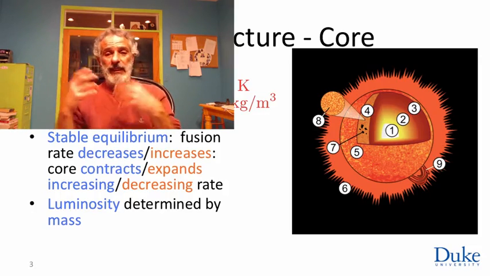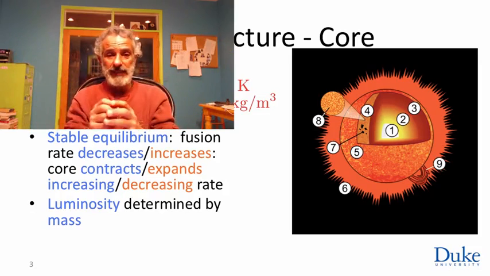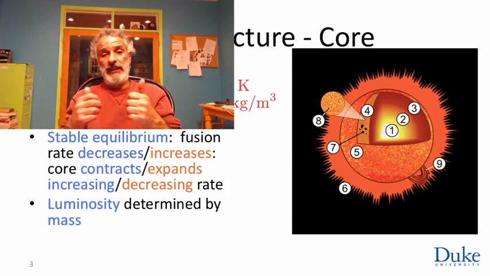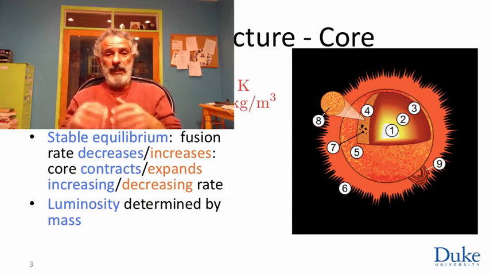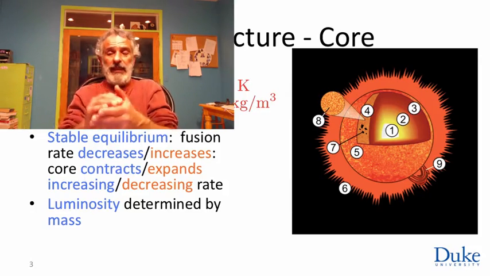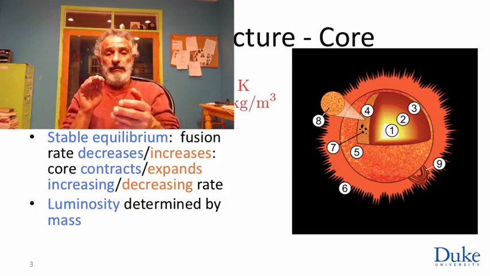Densities because it's compressing, temperatures because it's now heated by Kelvin-Helmholtz heat. It's contracting. This in turn, increasing the temperature and the density, increases the rate of fusion. So there's this self-regulating thing. If on the other hand the rate of fusion were to increase, the core would heat up, expand a little, the expansion would cool it down, and this would decrease the rate of fusion.